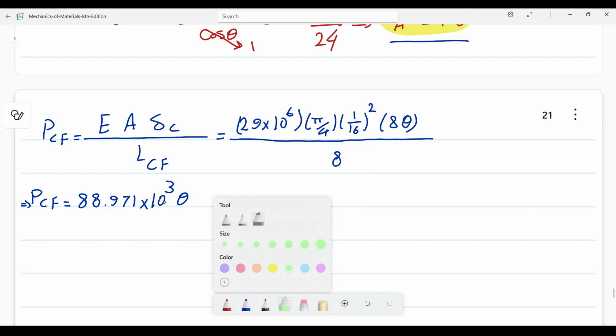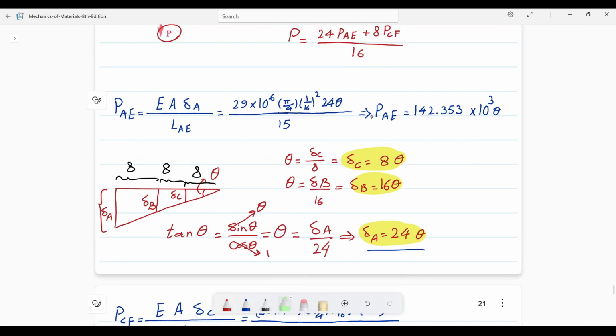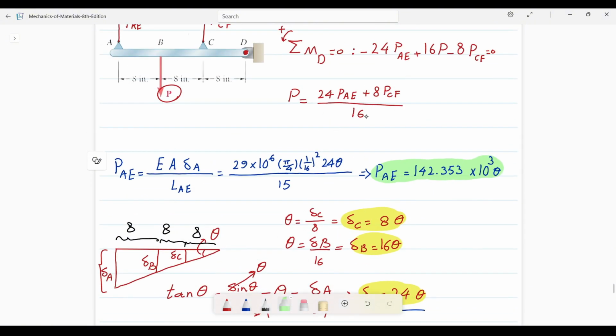Now we have this equation, and we should achieve P dependent on theta.